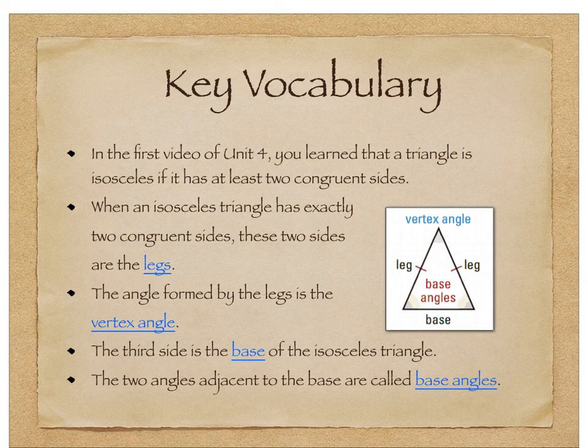And then the two angles that are adjacent to the base, guess what we're going to call those? You know how creative we are with names. We're not trying to be creative, we're trying to be kind of obvious. Those two angles that are adjacent to the base are called base angles. So just some key vocabulary that you need so that when we're talking about isosceles and equilateral triangles, you'll know what we're talking about.